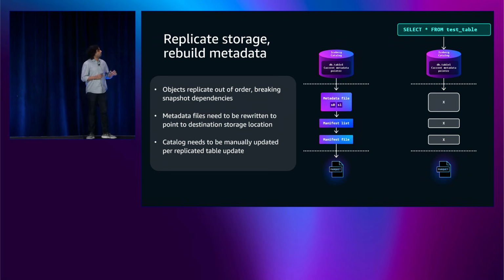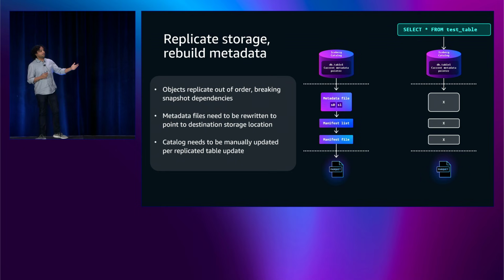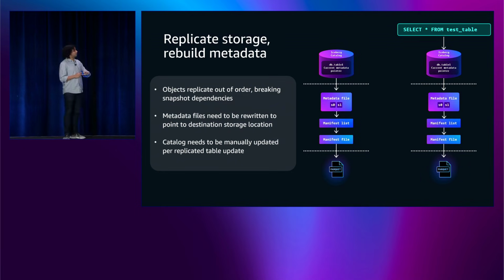And finally, all of this is happening at the storage layer itself. That means you need to coordinate with your catalogs, and you need to coordinate with your higher-level applications to make sure that they are aware of each of these commits that you're replicating on the other end. So once all of that happens, now you have a queryable replica on the other side itself.